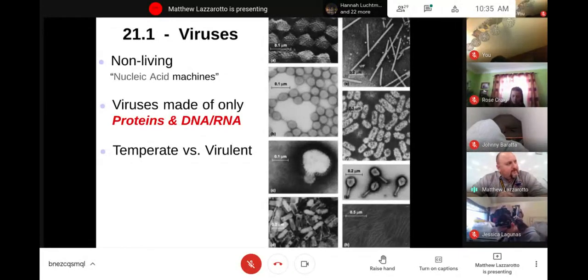It's either a temperate infection, where you get infected and it sits around and you're asymptomatic and you don't even know you have it until one moment down the line it explodes in your tissues and replicates all over the place, killing cells, versus a virulent type, which starts replicating right away, starts destroying cells right away. And we'll talk about the differences and similarities between those 2 types of infections.